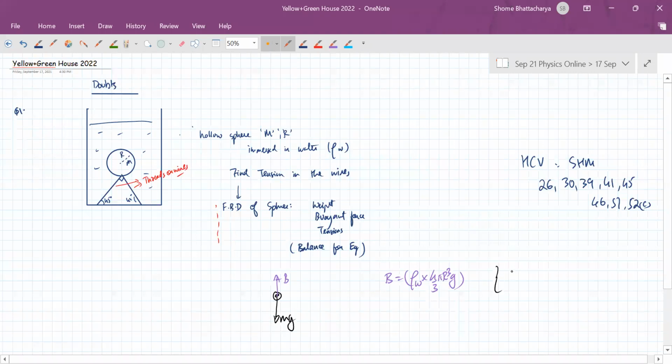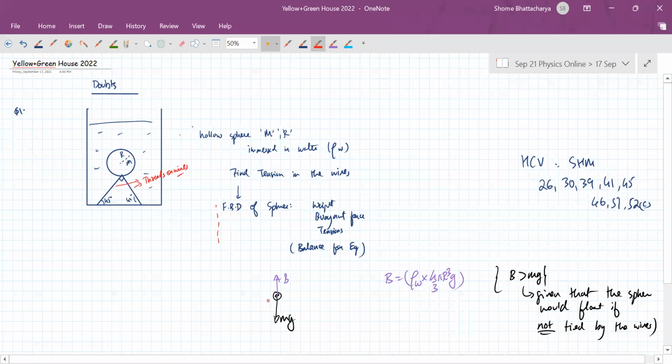Now it is understood that buoyancy is greater than weight, because it is given in the question that the sphere would float if not tied by the wires. So it was not tied to the bottom, it would have floated. That's what is telling me that buoyancy is greater than mg.